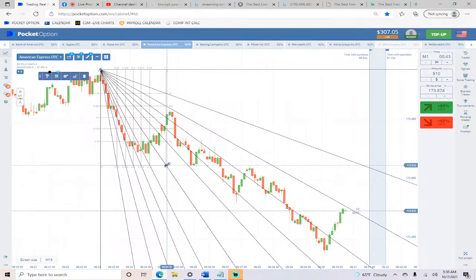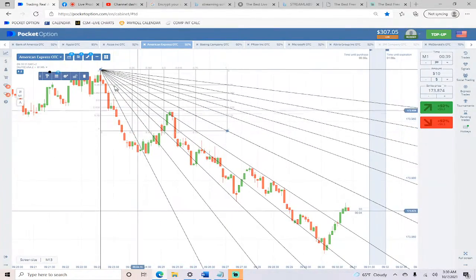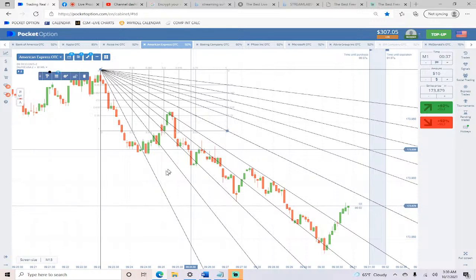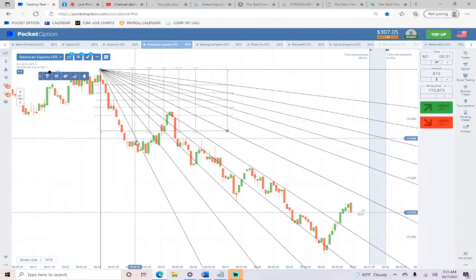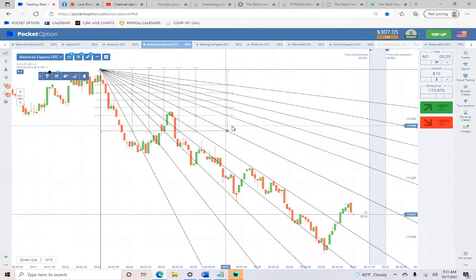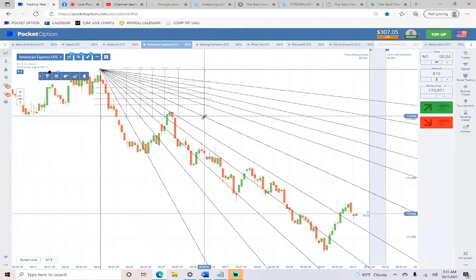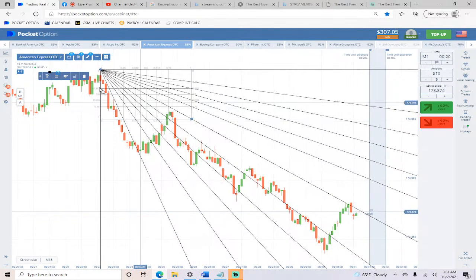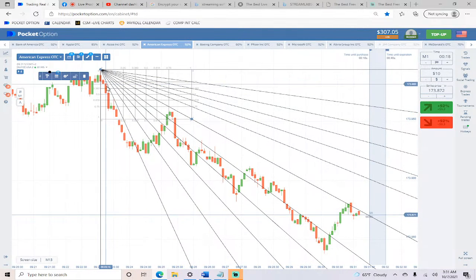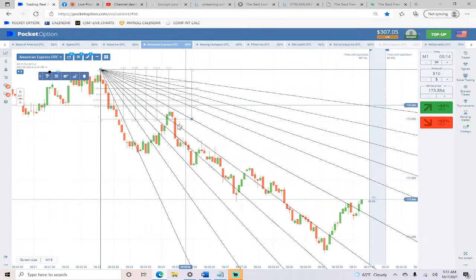For example, if we're plotting from the top to the bottom, these bottom lines are going to be strong support. So you could always draw this first line here like a resistance line, like the candles are coming down and pushing off it, because that's what all these future lines are.